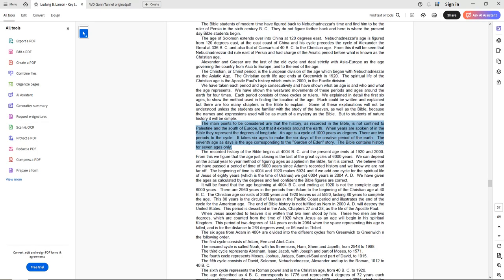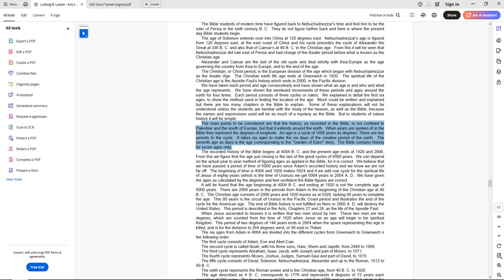An age is a cycle of 1,000 years as degrees. There are 2 periods to the cycle. It takes 6 ages to make the 6 days of the creative period of the earth. The 7th age, as days, is the age corresponding to the Garden of Eden story. The Bible contains history for 7 ages only. Okay, that's a very important paragraph.